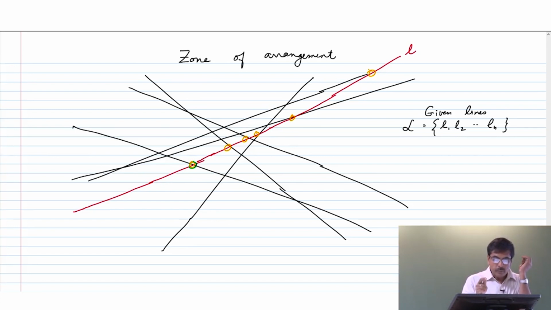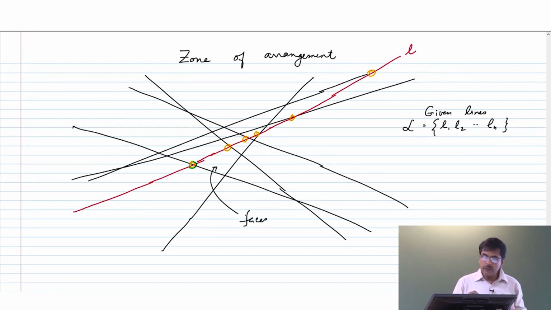Now, what I want to do is look at all the cells, which are also sometimes called faces. So, look at all the faces of the arrangement that it intersects.